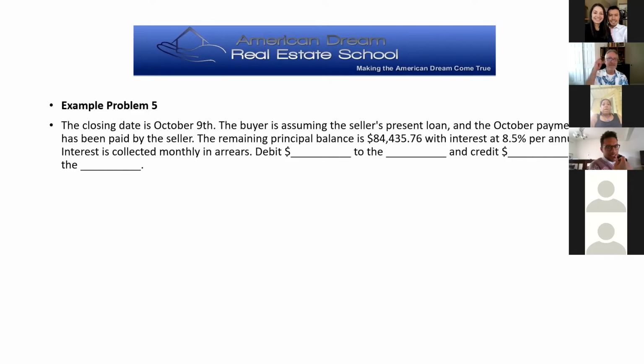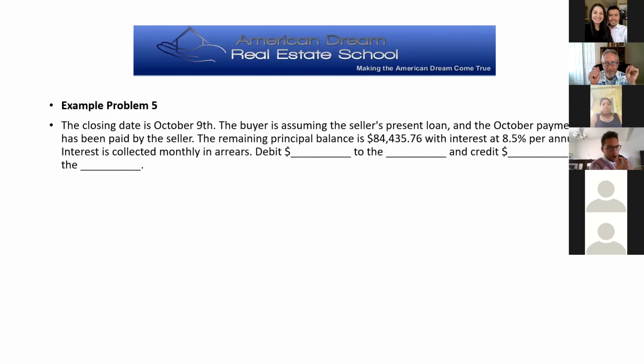Okay, let's think about it. Go ahead, Charlene. So it says it right there. The seller's present loan, so you credit the buyer, right? Because interest is paid in arrears. Interest and taxes, you're always going to credit the buyer and debit the seller.